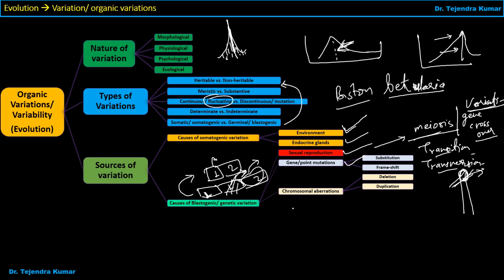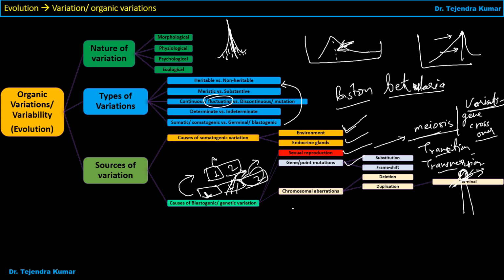So what will happen? A, B, C, now D is duplicating again, and then it becomes A, B, C, D, E, D, E, F, G. So D E is duplicating. In this way it will extend the length of the chromosome. Okay.